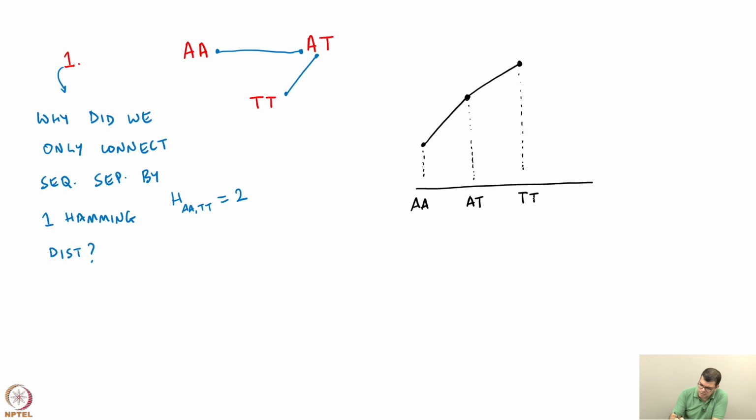So, in this representation, this x axis represents the different genotypes that we have available to us, whereas the y axis represents the fitness of each of these genotypes. And as we have been seeing, the most commonly used proxy for fitness is simply the growth rate of the bacteria with that sequence.